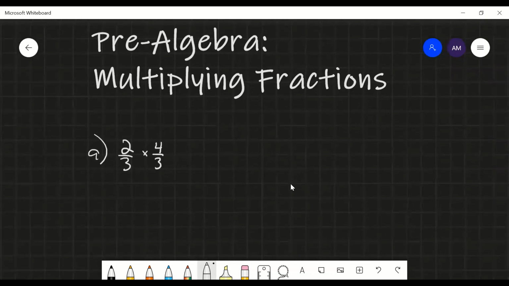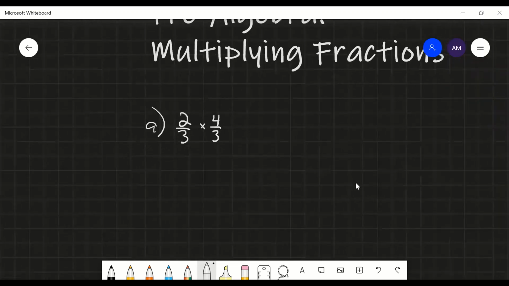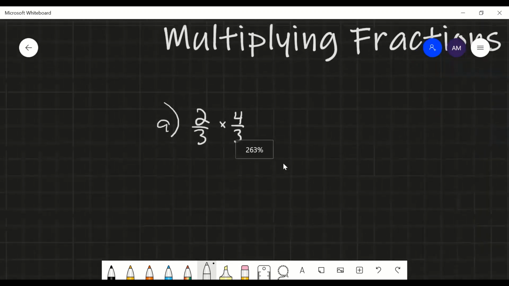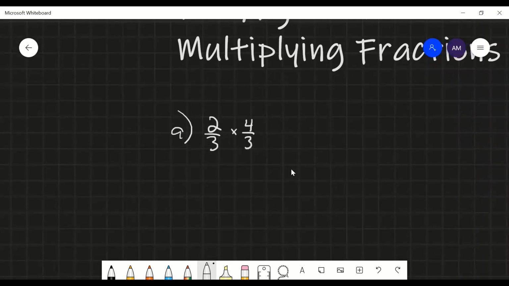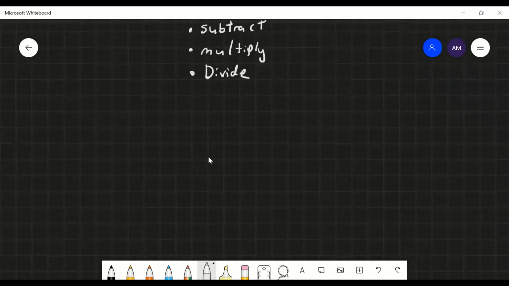So my first question for that would be, what is a fraction? I have an example here of two fractions. The first one is 2 over 3, and the other one is 4 over 3, and I'm trying to multiply them together. I'm going to go off on a little side tangent here. A fraction.